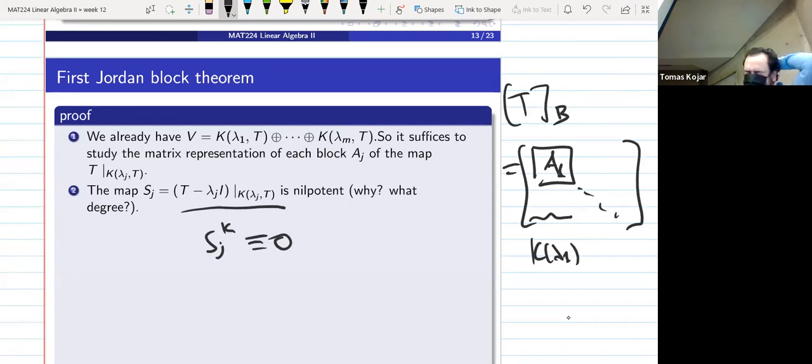So, of dimension of what? Yeah, so it's definitely k less than the dimension of V. It's also less than the algebraic multiplicity. And what else? Yeah, so it would be exactly the geometric.